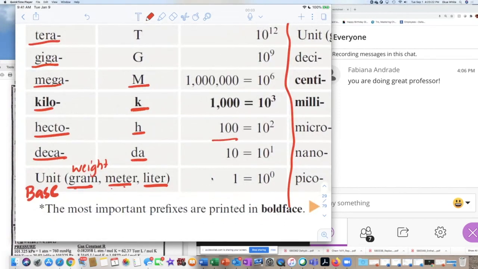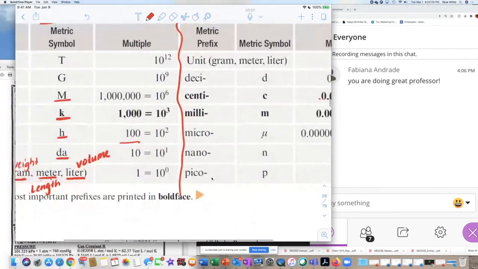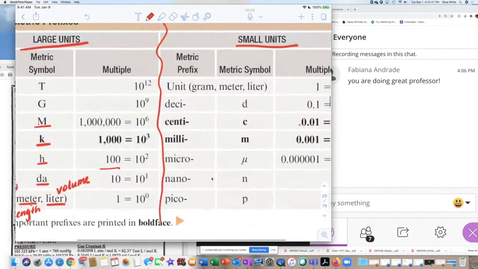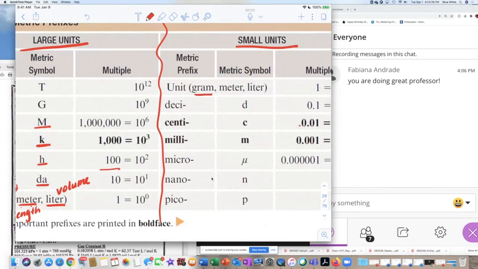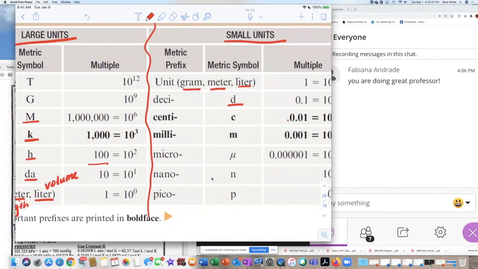For the same base units referred to here, you have the weight, you have the length, you have the volume. For these same base units for weight, length, and volume, you can use any of these prefixes, right? And I show it to you right here. For the weight, the length, and the volume, you can have decigram, centigram, milligram, any of these prefixes.